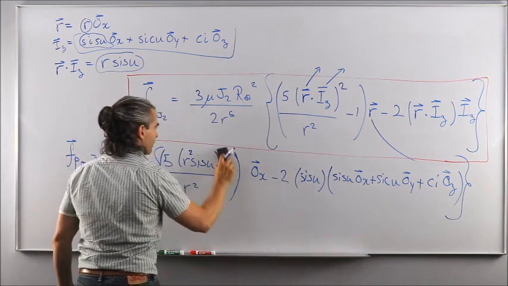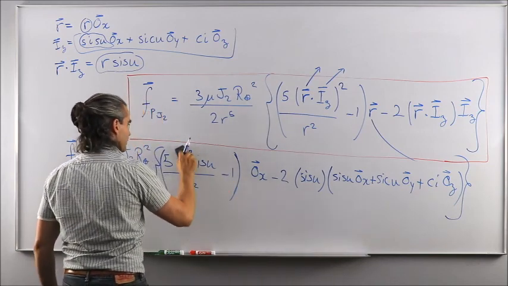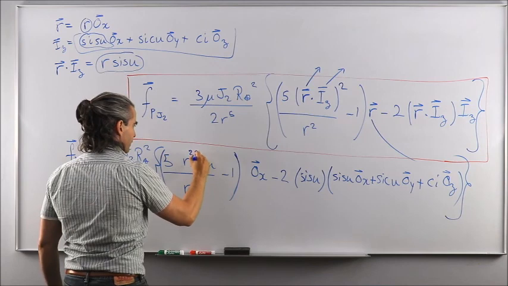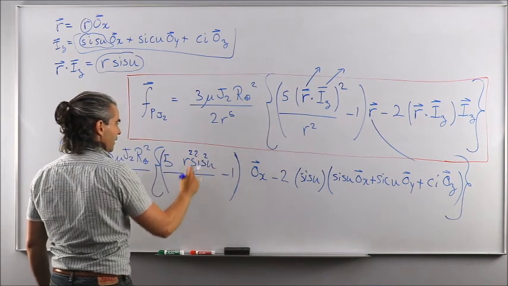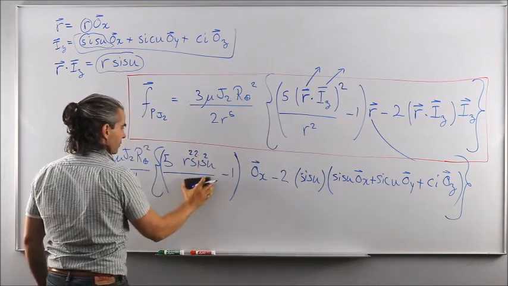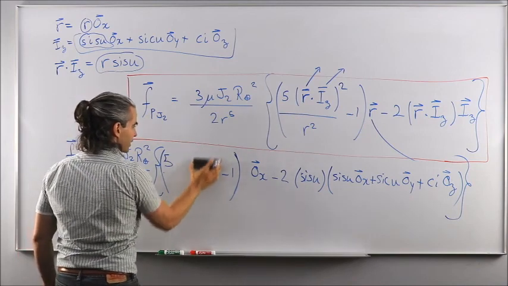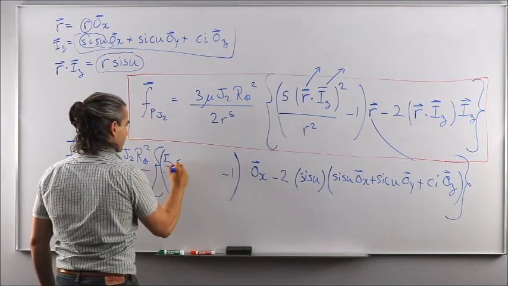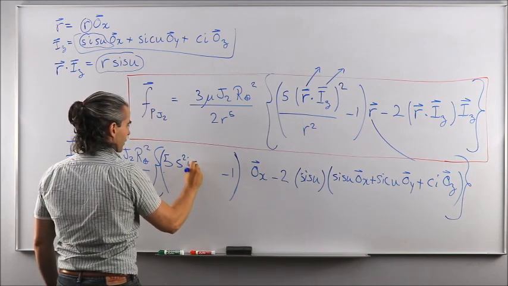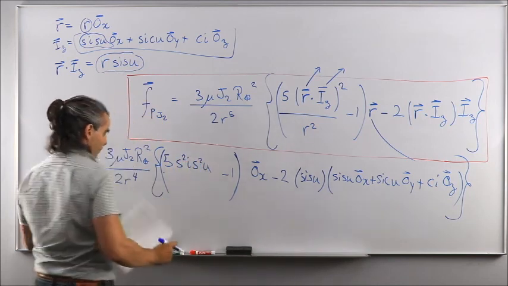I'm going to square individual components. Sine I square, sine U square, and then cancel the R squared terms. And just keep sine I square sine U square minus 1.